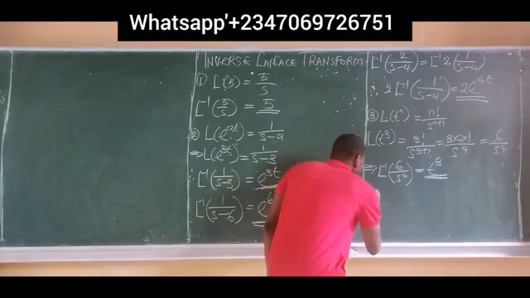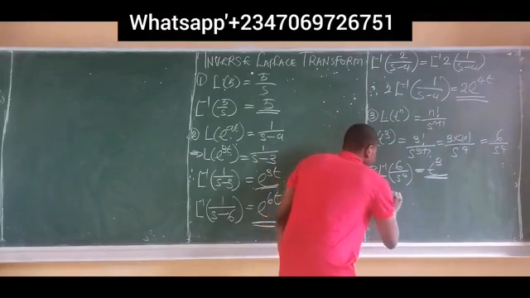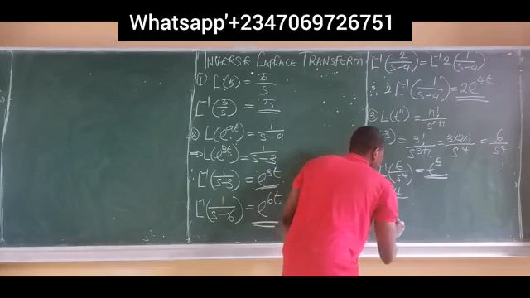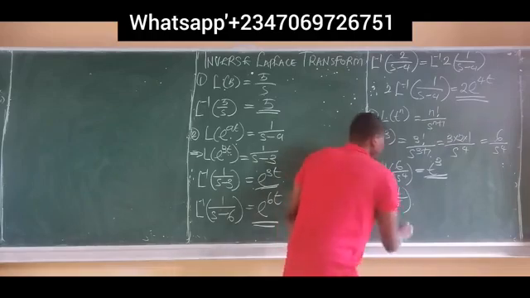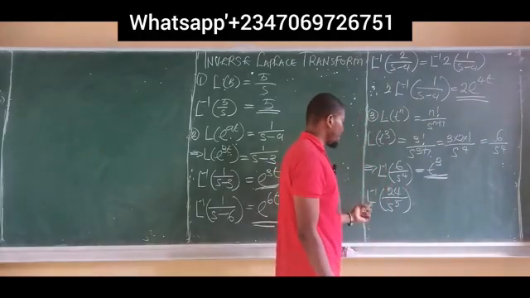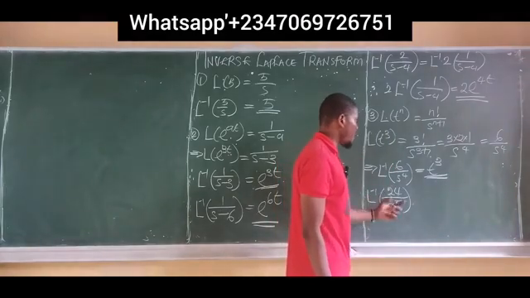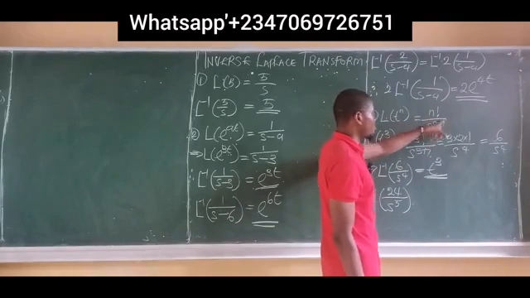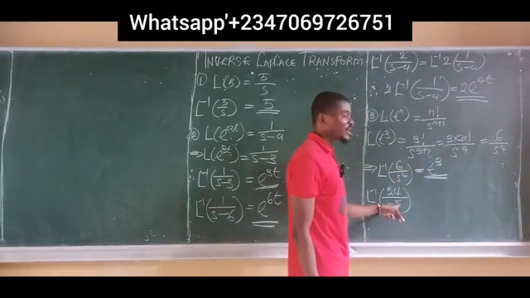If I'm asked to find the Laplace inverse of 24 all over s to the power of 5, I should know that from the formula, n factorial over s to the power of n plus 1, 1 was added to n.